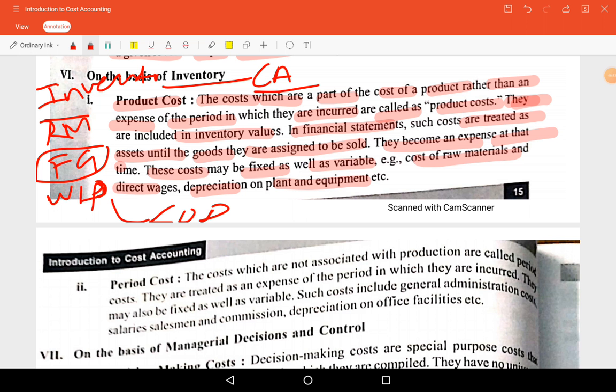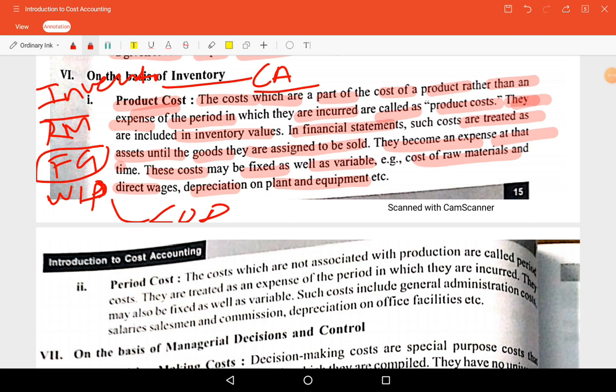Depreciation on plant and machinery is associated with the product, so product costs may be fixed in nature, like depreciation on plant and machinery, because the product will be made through a process for which a plant or equipment will be used.